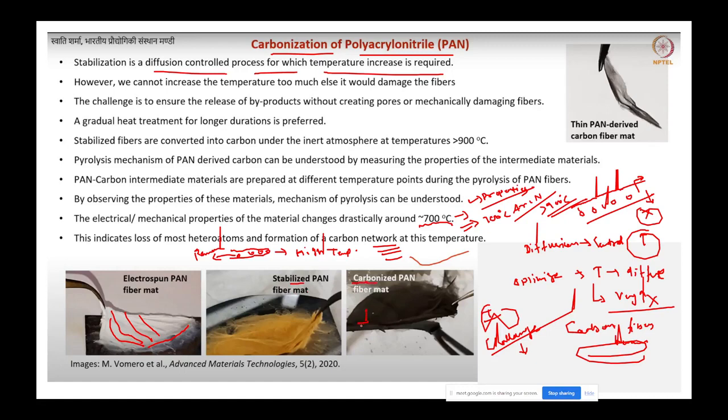That's why it is looking grayish or black in color. And this is a magnified image of your PAN-derived carbon fiber mat. So this is how you can carbonize PAN. Is there any question on this slide? If you have any questions, you can ask, then we will move to the next slide.